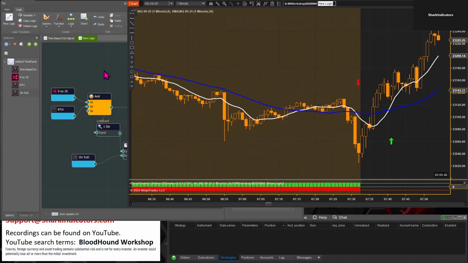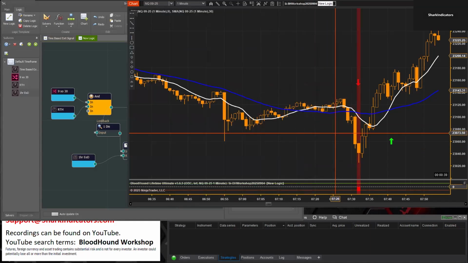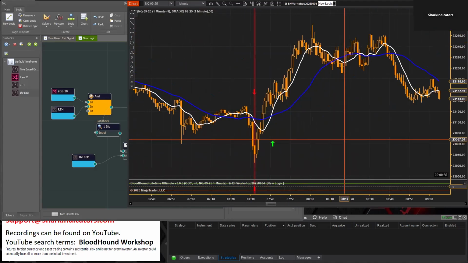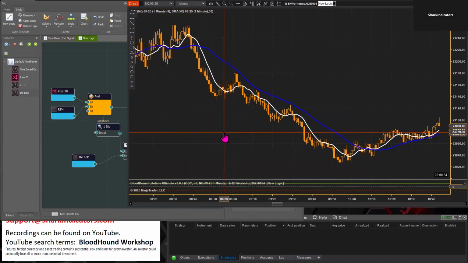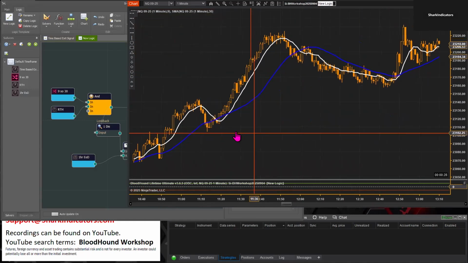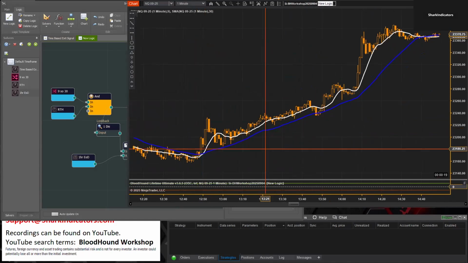If we look at this, there we go. There is our first signal of the day, and all the other crossover signals are now gone. Now, let's take a look at the toggle node here.